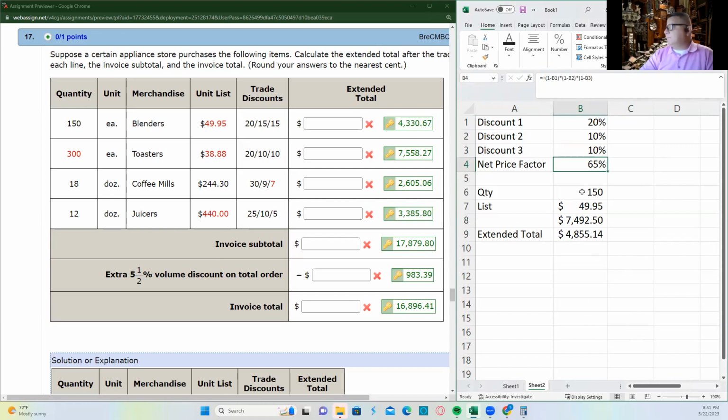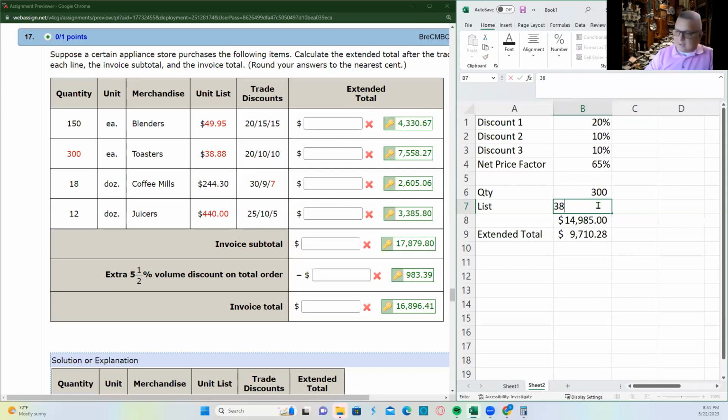My new quantity is 300. My new list price is 38.88. 75.58.27. So now we can just use this same formula and spreadsheet to do it over and over again.